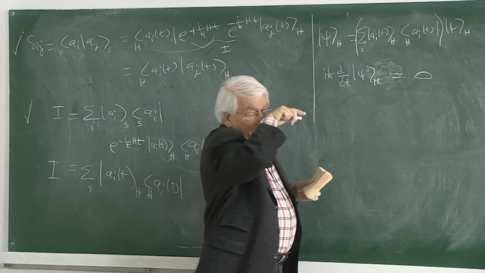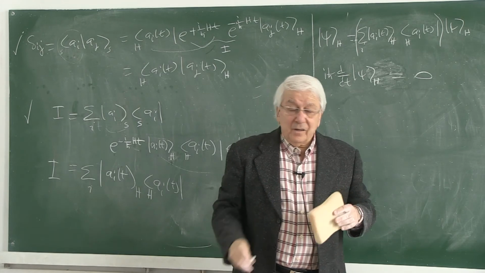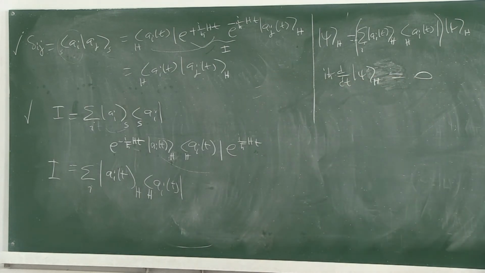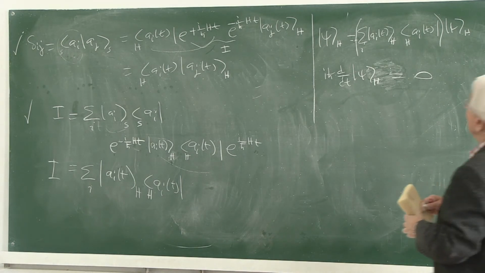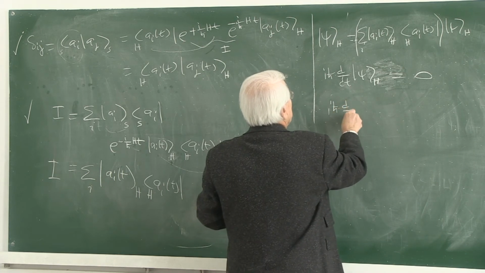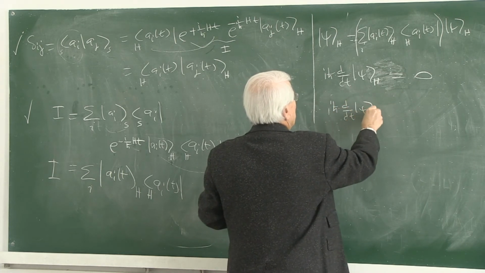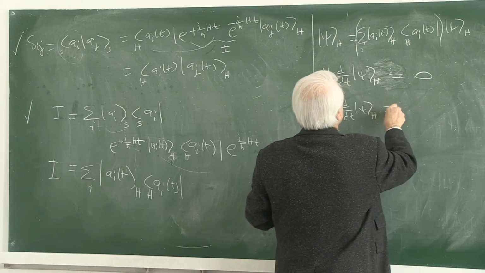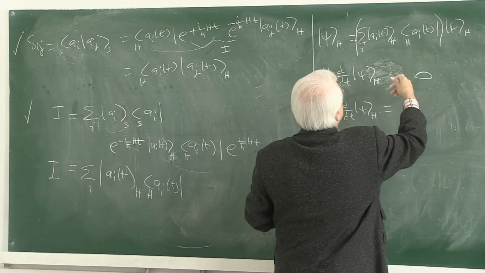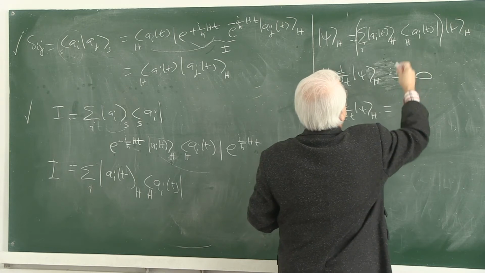We need to demonstrate this, and in light of the fact that AI of t now change in time and they rotate in the opposite direction of the arbitrary state vectors, is the solution really. Because if I now move in i h bar d by dt psi h, moving in and acting on here and there, it's more or less obvious, right?